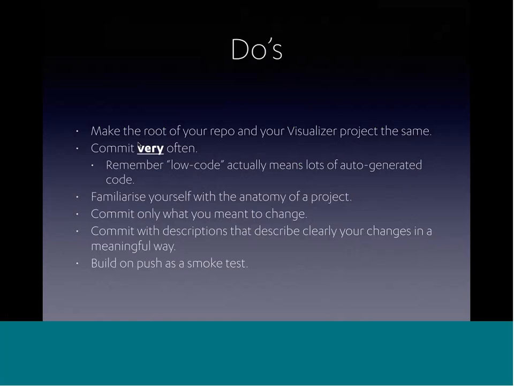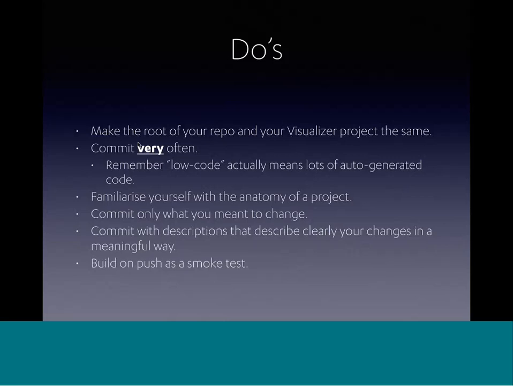Before we dive into additional details, there are a few do's and don'ts that I thought would be nice to go over. First one, I see a lot of bad practices, like people versioning entire workspaces, or putting their Visualizer projects inside a subfolder of their Git repo.